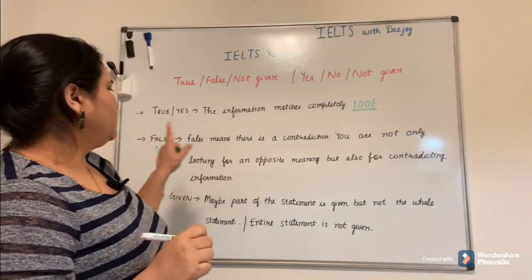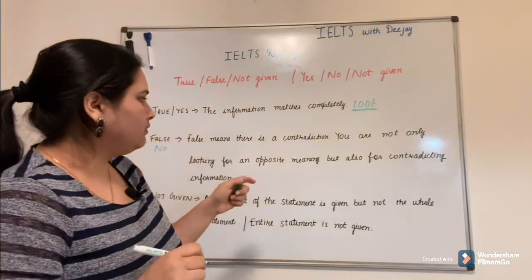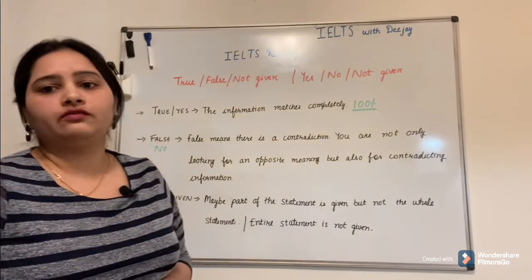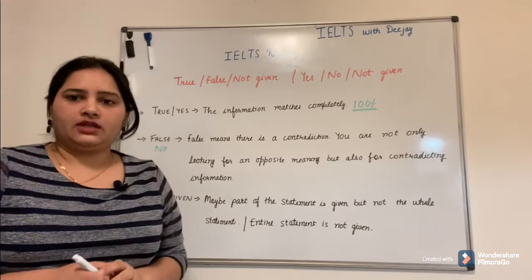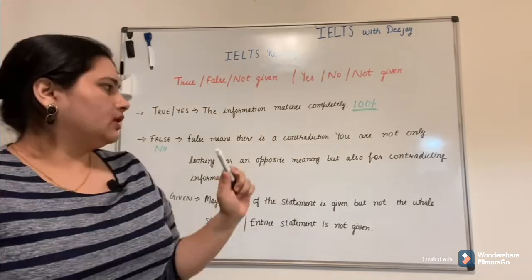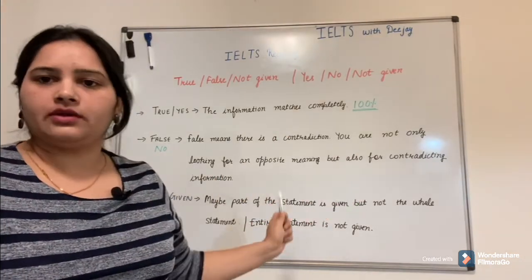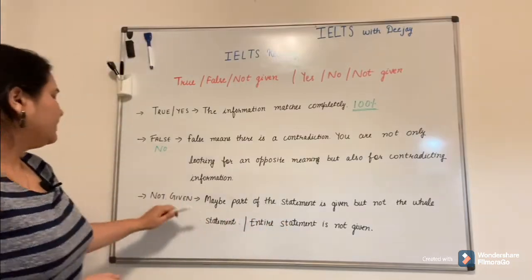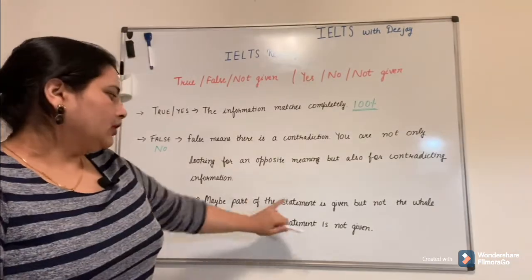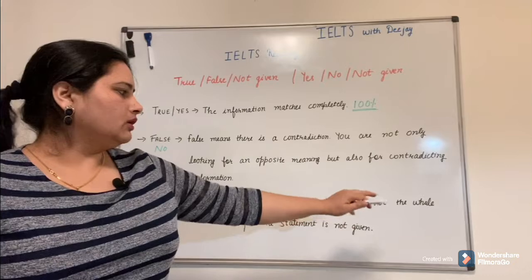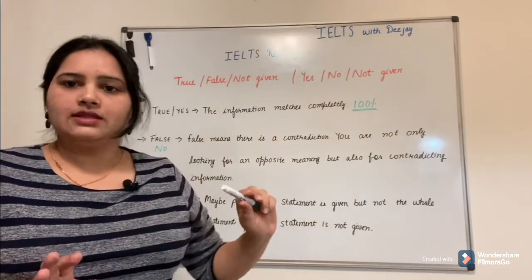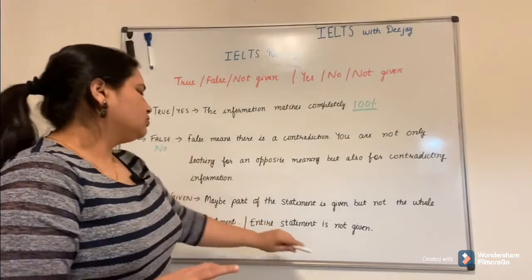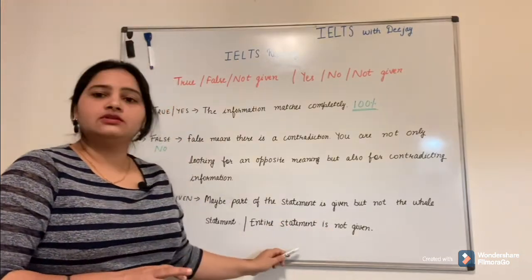You're not only looking for an opposite meaning, but also for contradicting information. We're not only finding the opposite meaning or opposite word, we are finding which information is contradicting. Okay, then we have not given. Maybe part of the statement is given, but not the whole statement, or the entire statement is not given. This is how you come to the conclusion that the statement is not given.